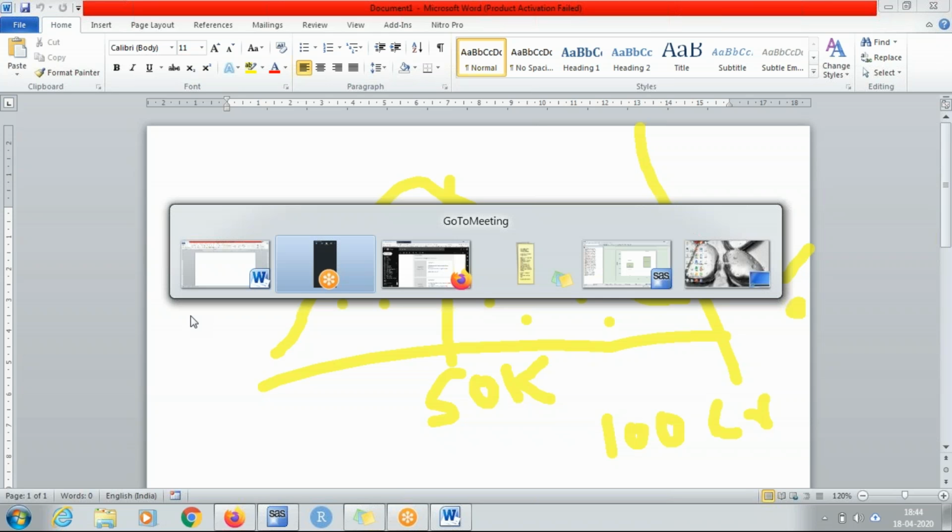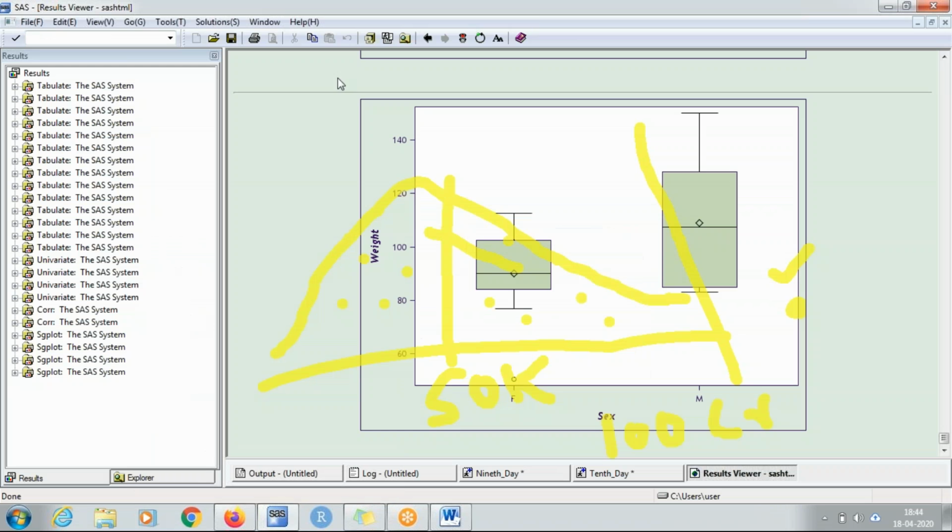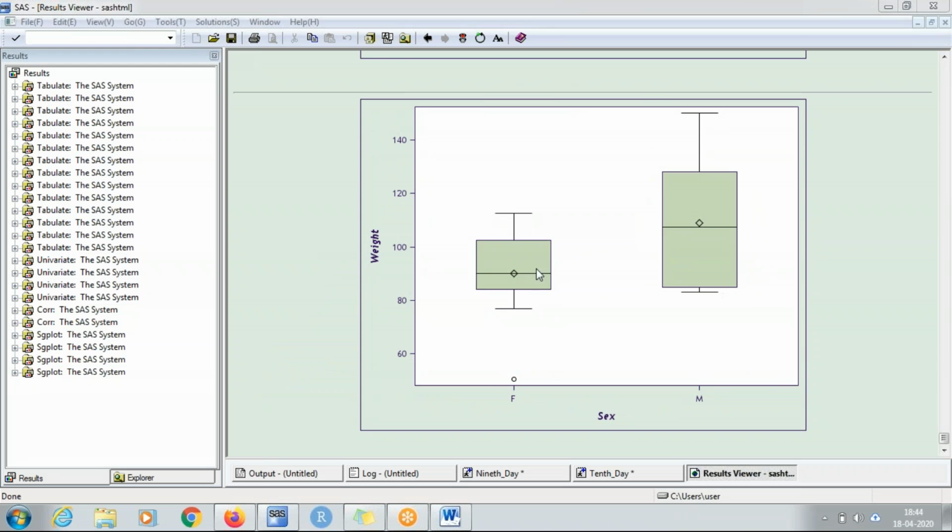Now, what about the box and whisker plot? Okay, let me clear the drawing. So, any value beyond the whisker is an outlier. Now, how to calculate the whisker?